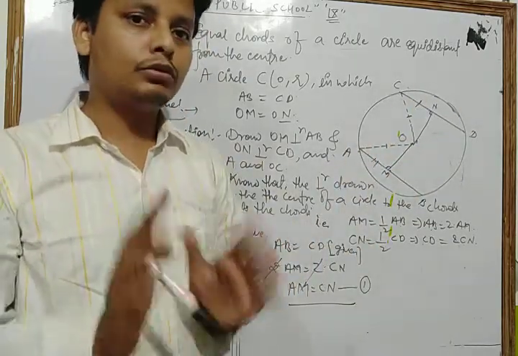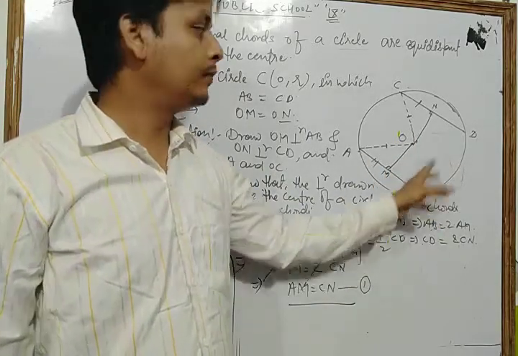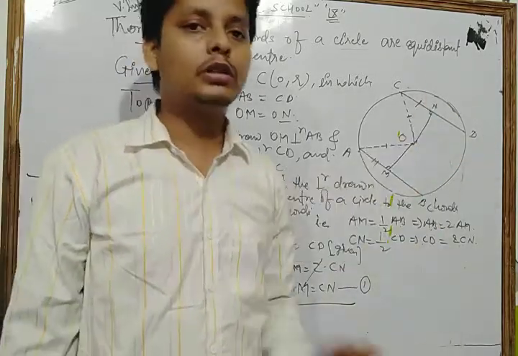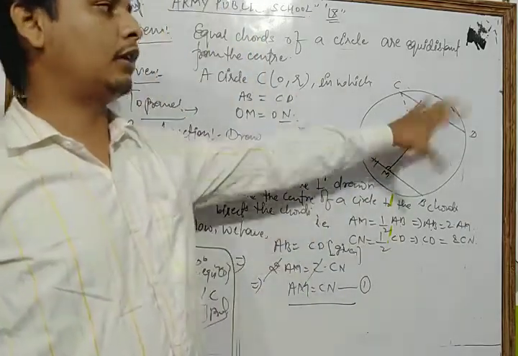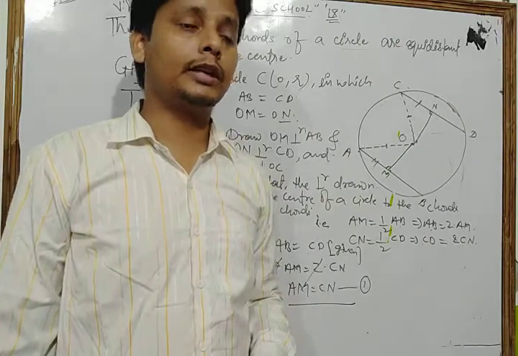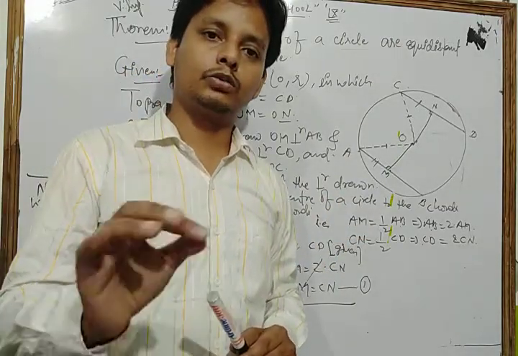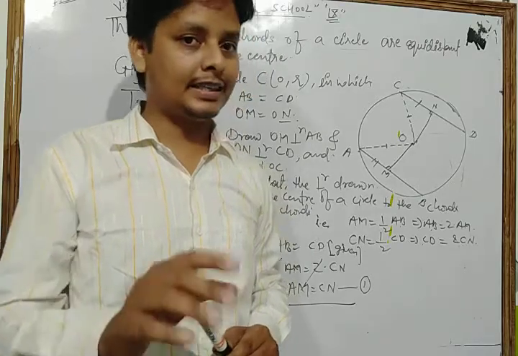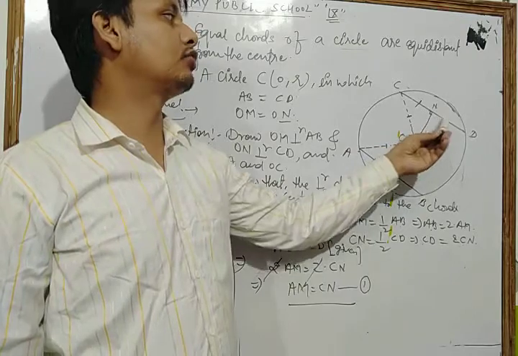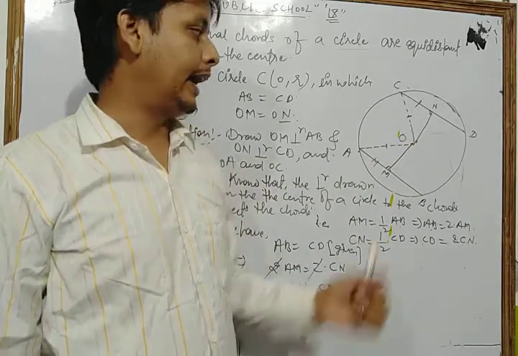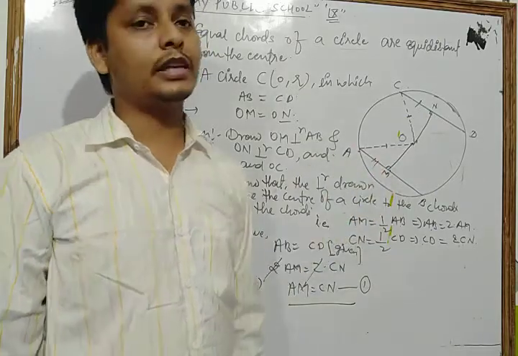We do some construction: we draw OM perpendicular to AB, and ON perpendicular to CD, and join OA and OC. We also know that the perpendicular from the center of the circle to the chord bisects the chord. So AM is equal to half of AB and CN is equal to half of CD, so we get AB is equal to 2 times AM and CD is equal to 2 times CN.